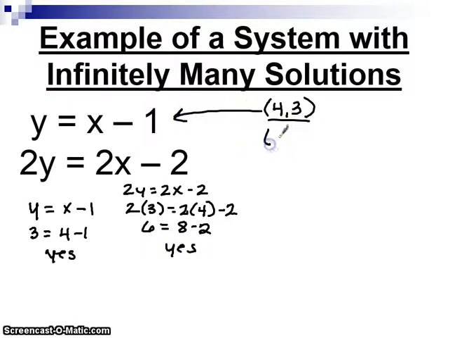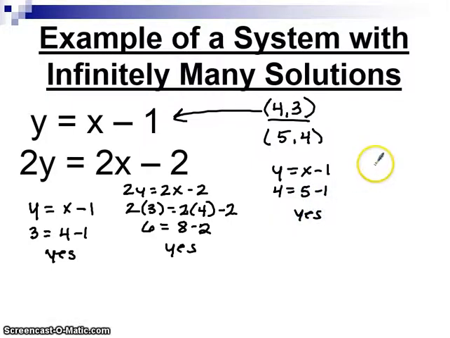But check out this ordered pair, (5, 4). Do you think it will make it true as well? So y is equal to x minus 1. Is 4 equal to 5 minus 1? Yes. What about in the second equation? We have 2y equals 2x minus 2.